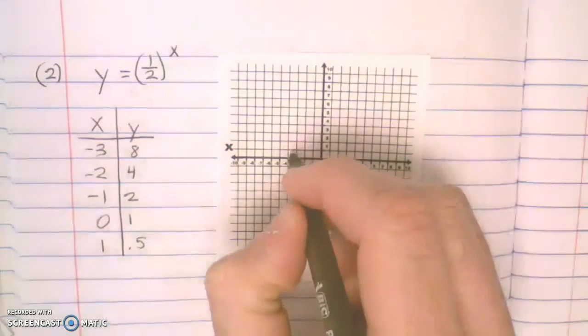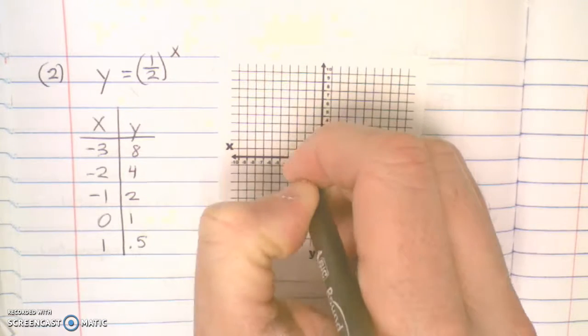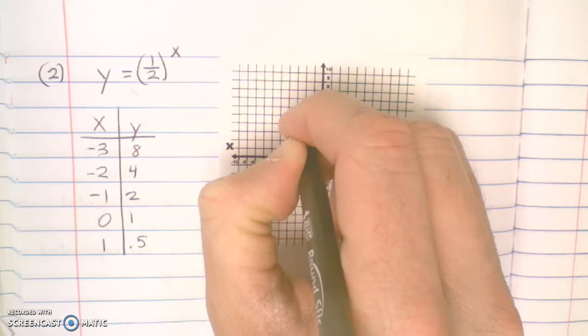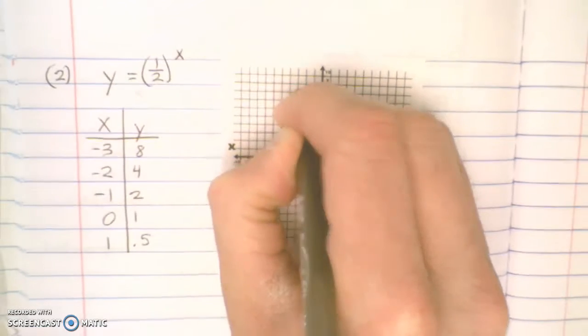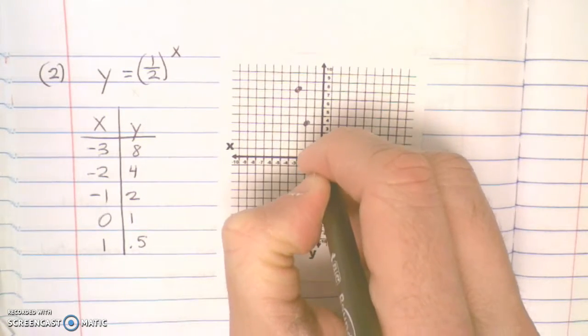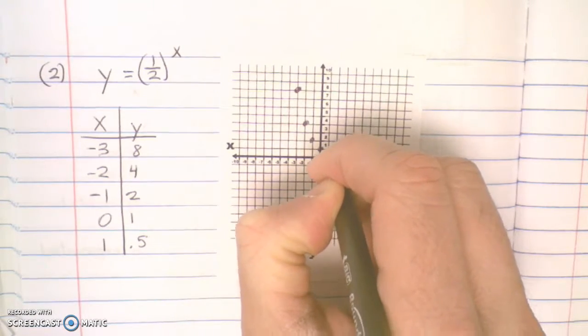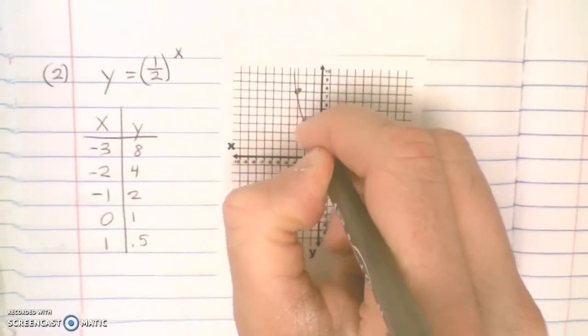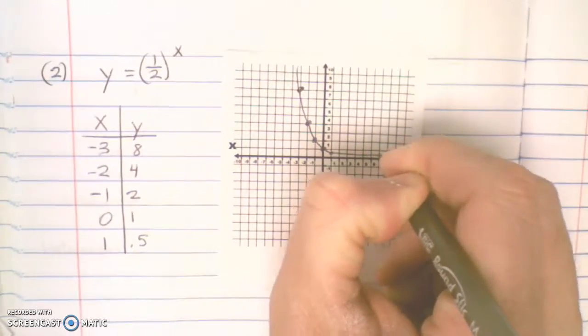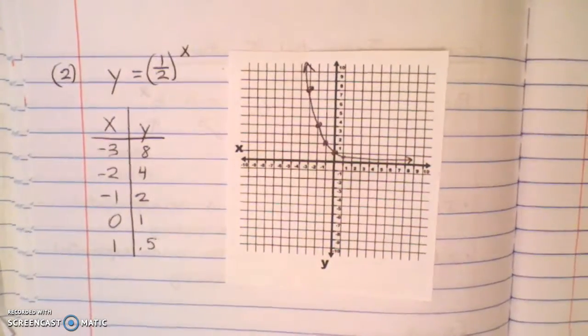So -3, 8. -2, 4. -1, 2. 0, 1. And then 1 and 0.5. So again, we have that kind of J shape, and then it flattens out as it gets closer and closer to 0, but never touches 0.